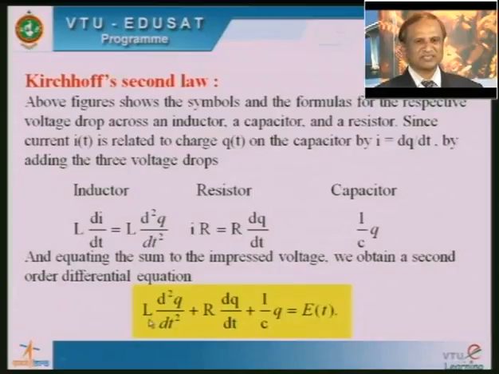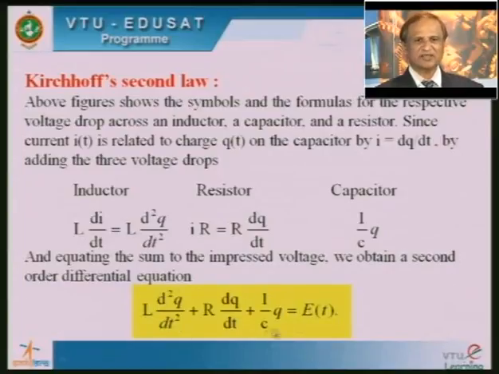And just now I have mentioned L is constant, R is constant, C is constant. Is it clear? That is why we can say that this is a second order linear differential equation with constant coefficients, right. So friends, so far we are familiar with how we are going to solve a second order linear differential equation with constant coefficients.